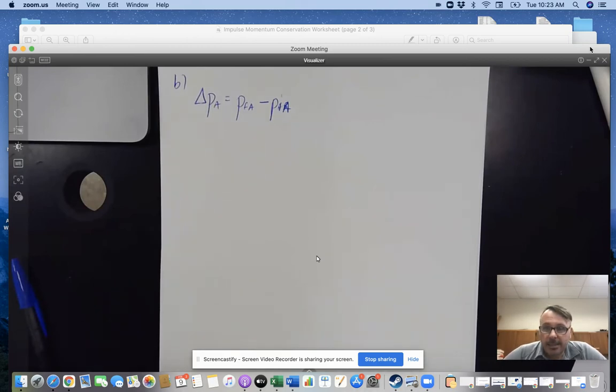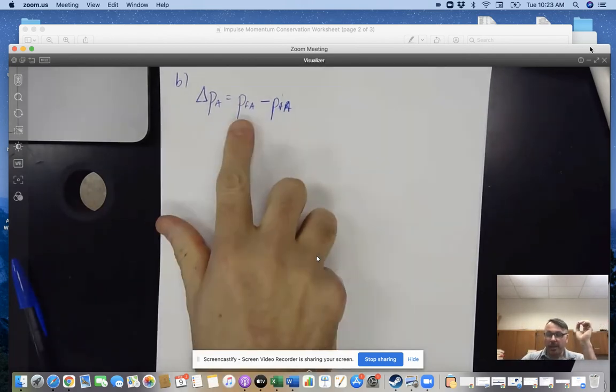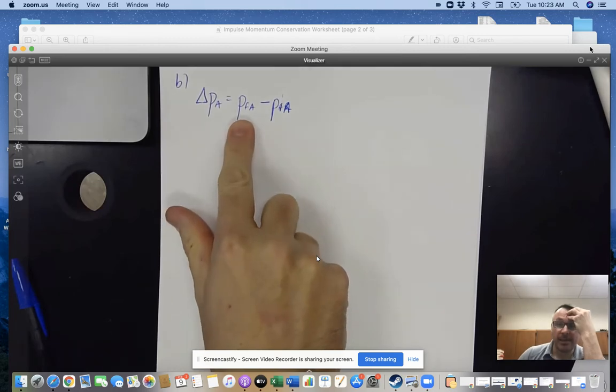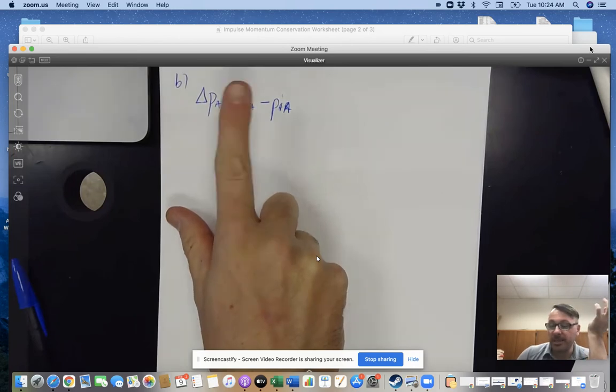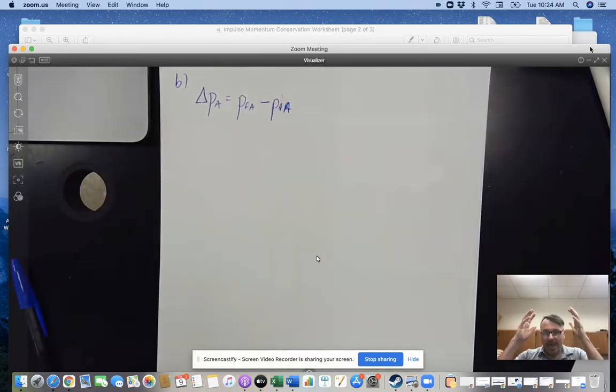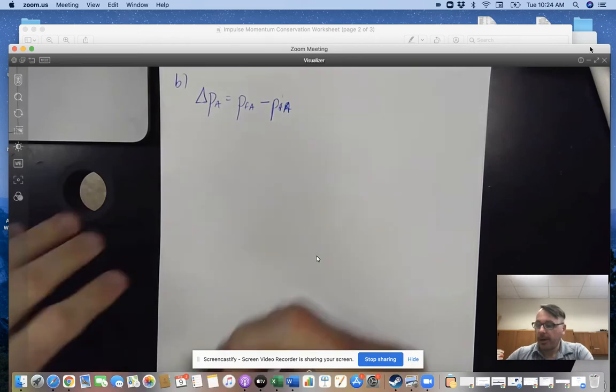Just because A has sort of combined with B after the collision doesn't mean that when I'm calculating the final momentum of A, I take into account the mass of B. No, even though A is part of B, this is only talking about the A part of that.